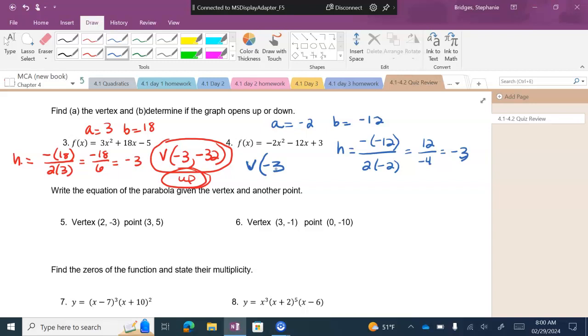Negative 12 times negative 3 is a positive 36. What's negative 18 plus 36? 18. And 18 plus 3 is 21. So my vertex for this one is going to be the ordered pair negative 3, 21. And then is this graph going to open up or down? Down, right? Because A is negative.